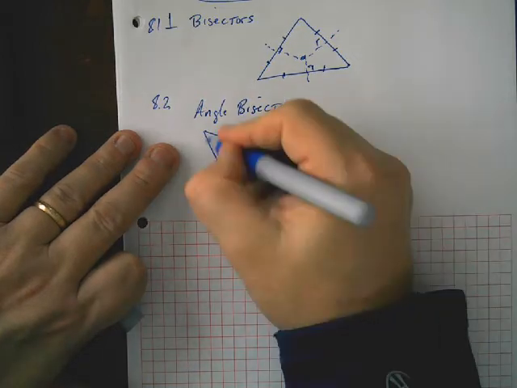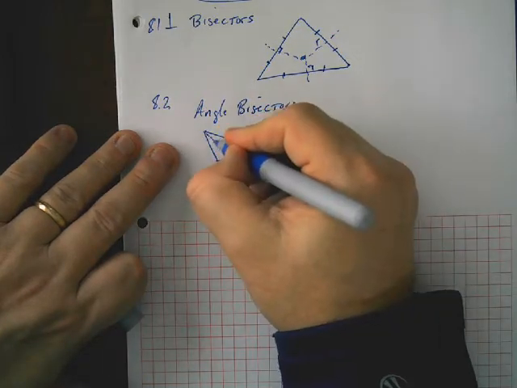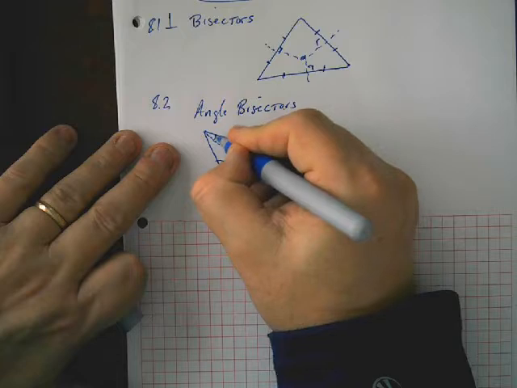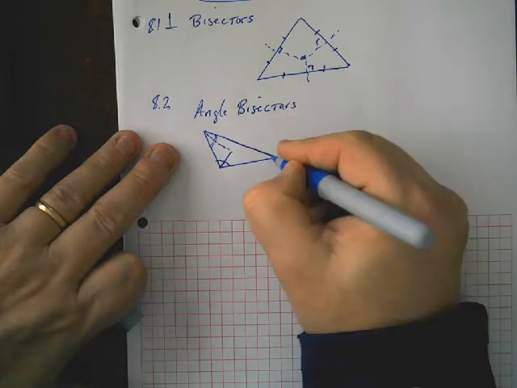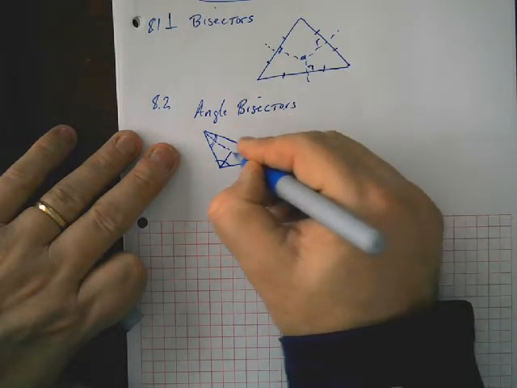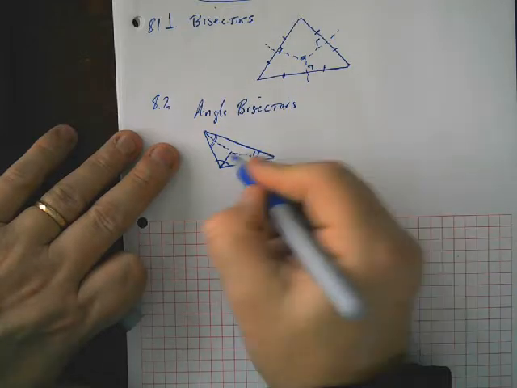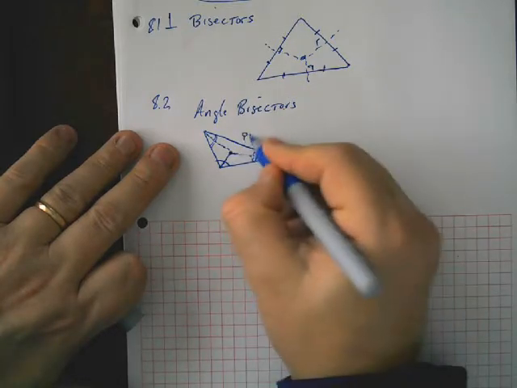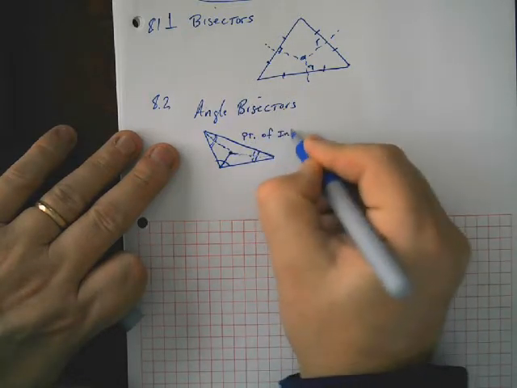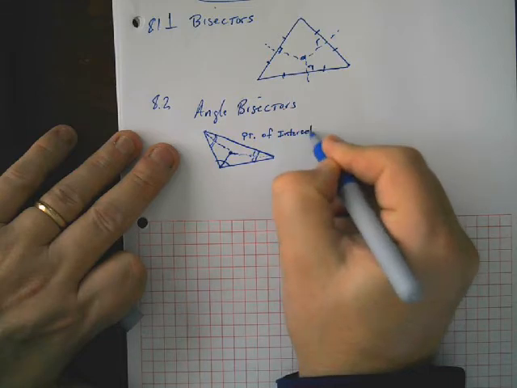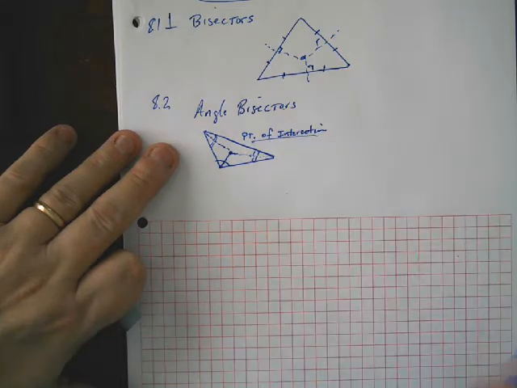Right there. Right there. And yes, they also have a point of intersection. Okay, so that happens quite a bit.